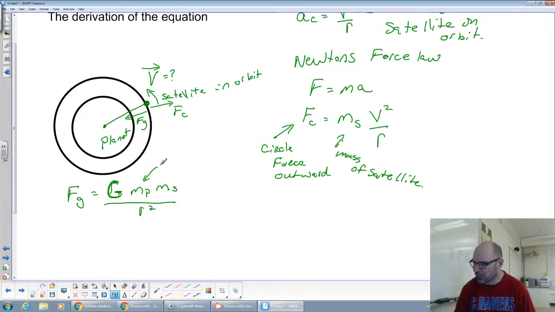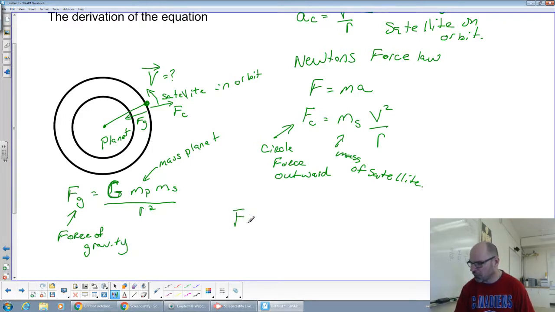This is the mass of the planet, the mass of the satellite, and this is the force of gravity. So by theory, to keep your orbit, the force of gravity has to equal the force of centripetal acceleration, or force in a circle.